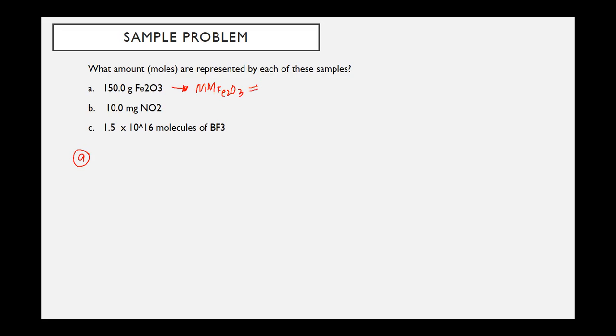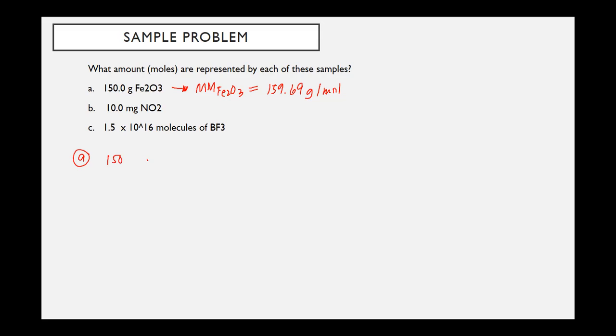The molecular weight of Fe2O3 is 159.69 grams per mole. Gaya ng nasa diagram natin, pag galing tayo sa mass and we're going to get the moles, we divide it with the molecular mass.